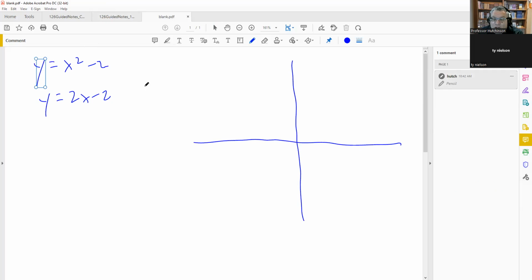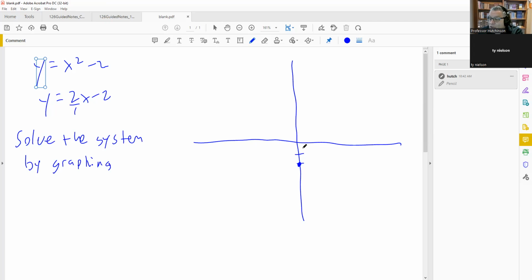The first one we have is 2x minus 2. That means that that line is going to cross at -2, and then the slope here is 2/1. So basically this says solve the system by graphing. We'll put the instructions here so that way you know what kind of problem we're doing here.